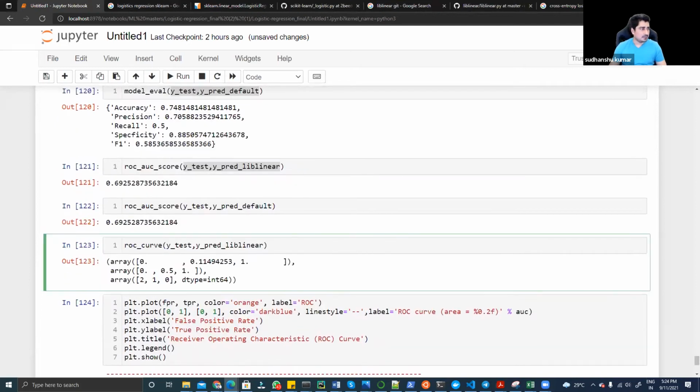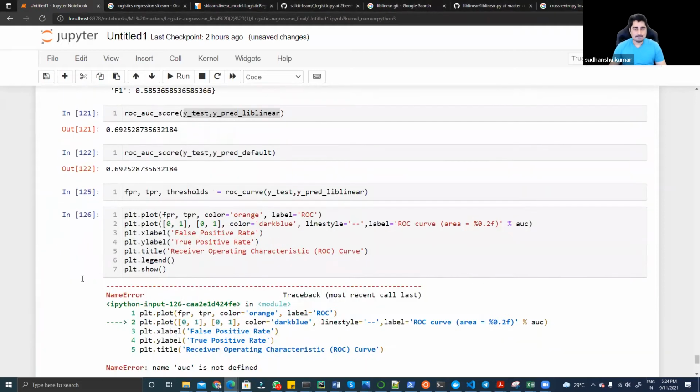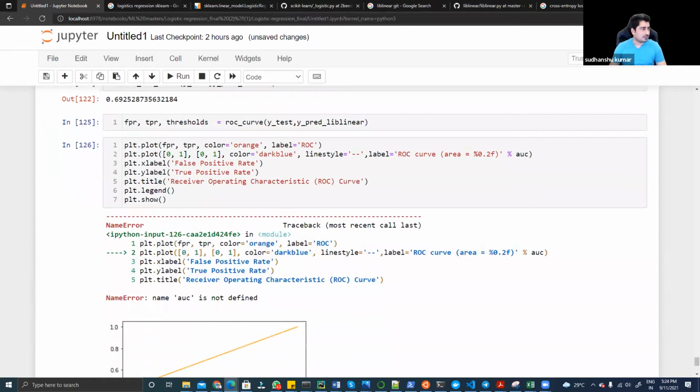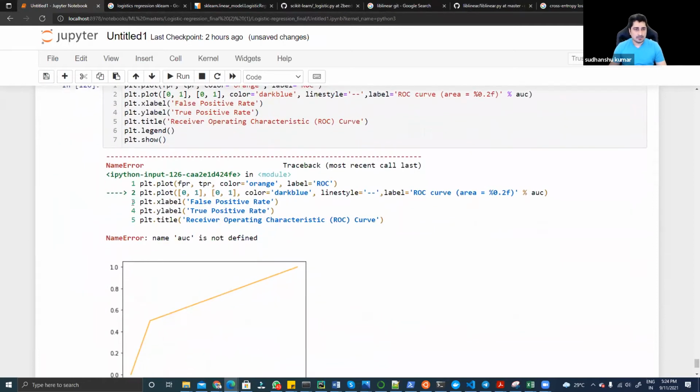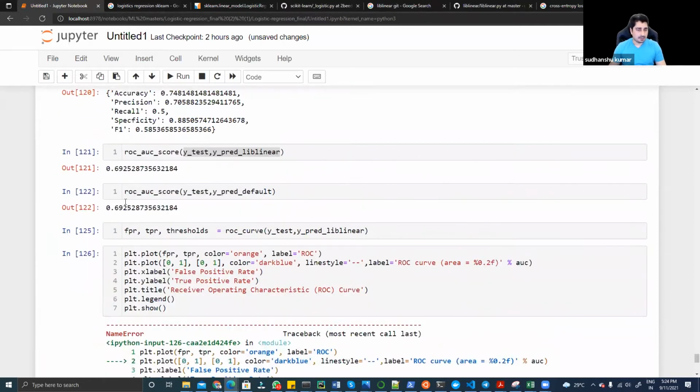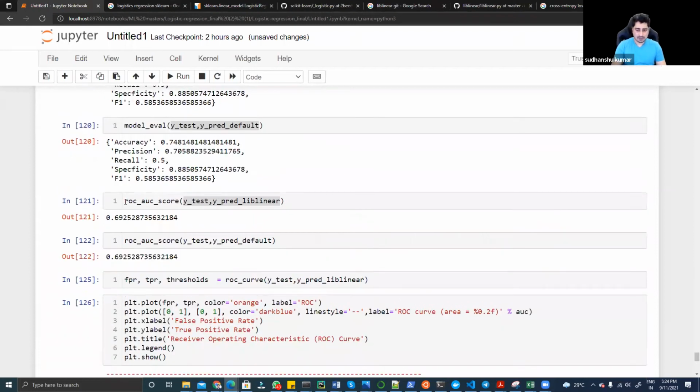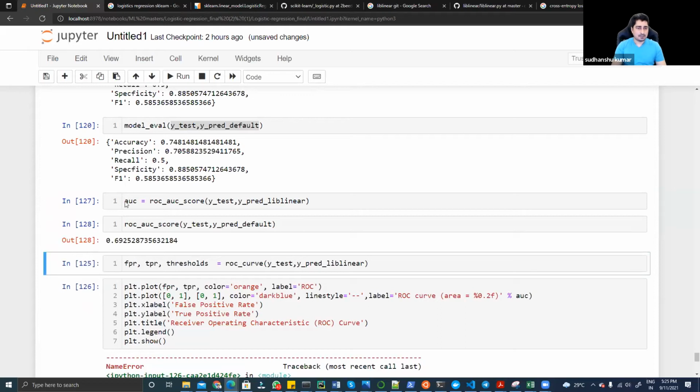FPR is not defined, so let me change this one to FPR. AUC is not defined, so ROC AUC score I'm able to find out. So this will be AUC. So AUC is done, FPR is done.